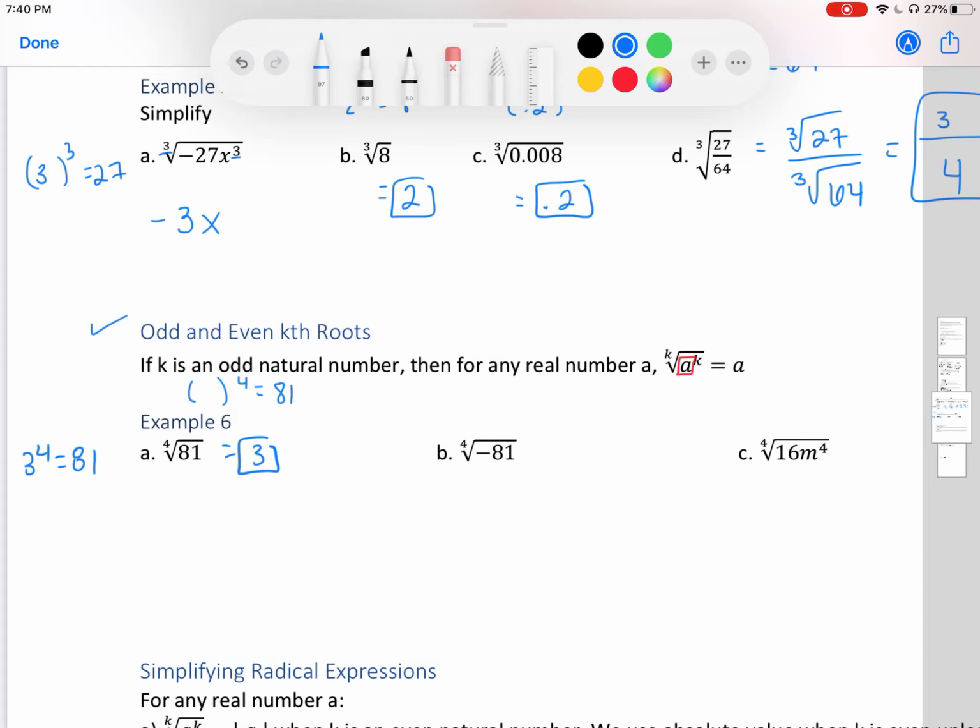A negative to an odd power gives a negative. This could be a positive, a negative, a decimal, or something you'll see in college algebra or pre-calculus.